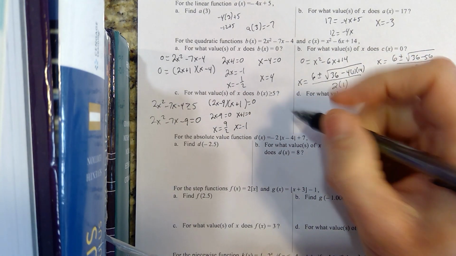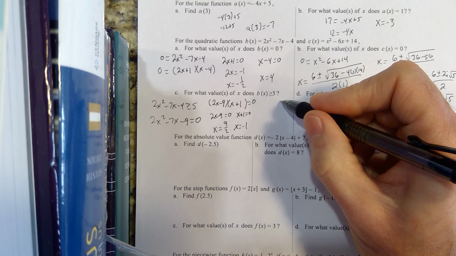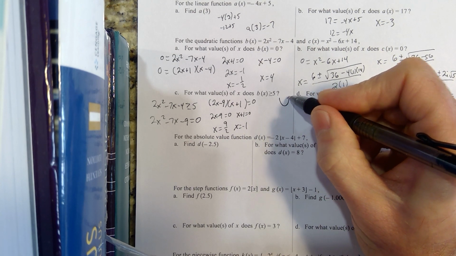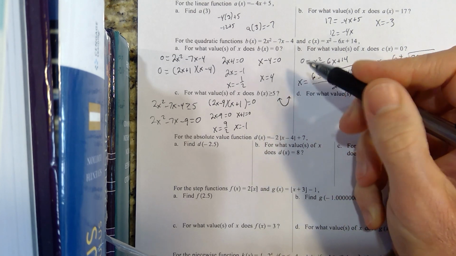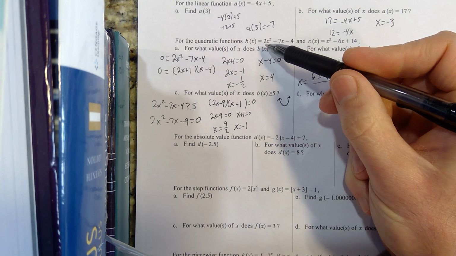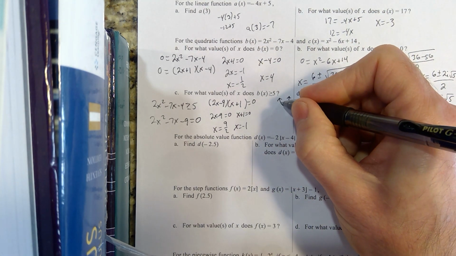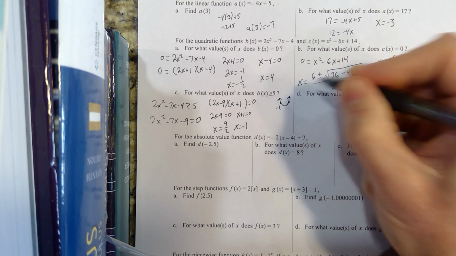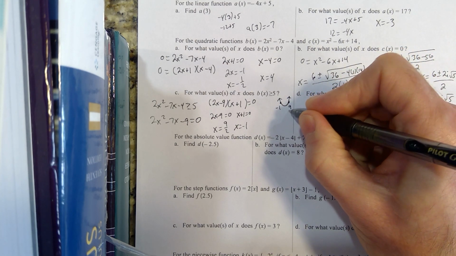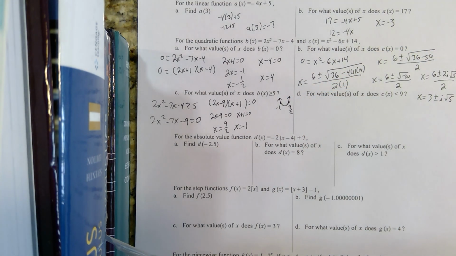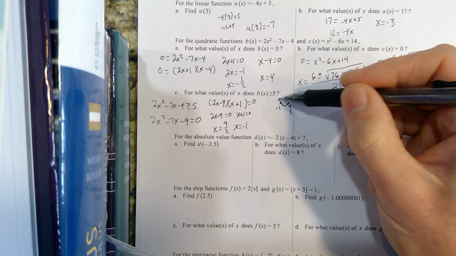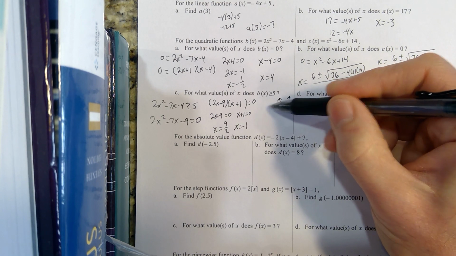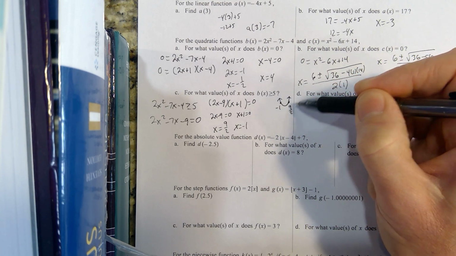So think about the graph, right? I would have a parabola opening up because my a value is positive 2. And I know I have a root on the left at an x value of negative 1 and a root on the right at an x value of 9 halves, or 4.5. So the question is, would I be shading inside or outside of this parabola?